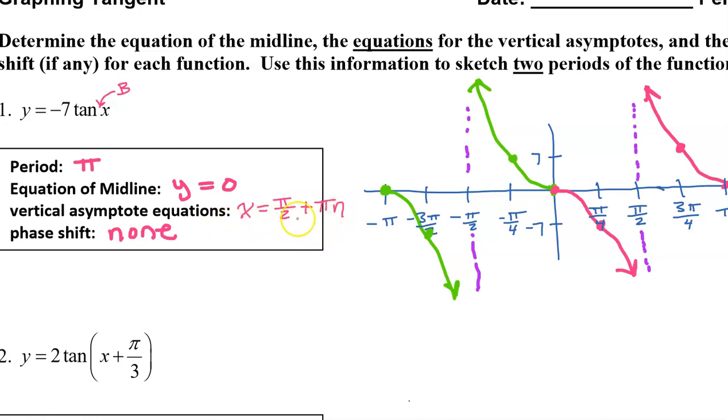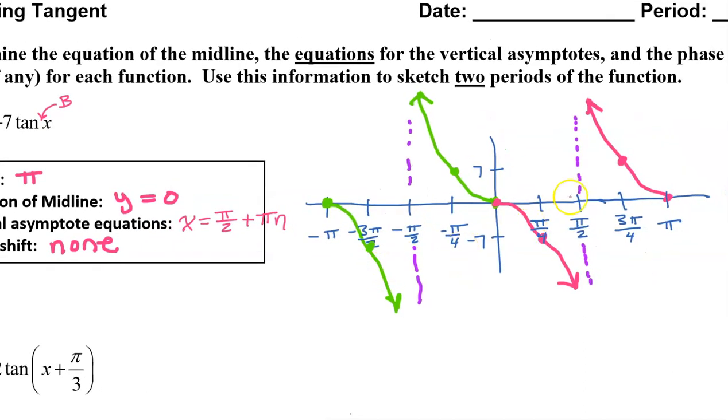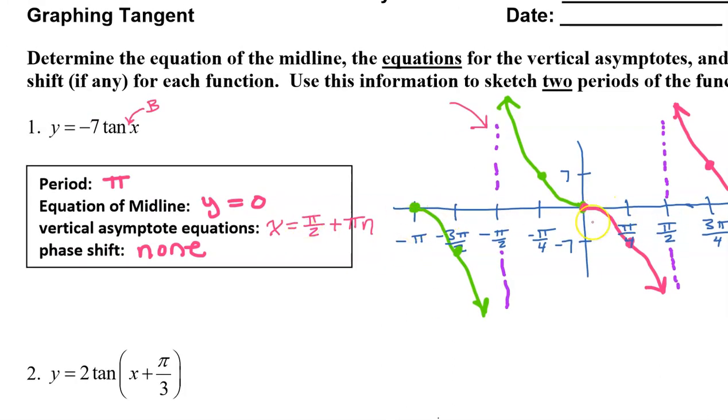So this equation captures all of the vertical asymptotes. I'm starting with one known asymptote, and now I'm adding a multiple of the period, pi n. And n can be a negative number as well. So if n is -1, for example, that's where this asymptote right here would come from. So having this n here will give me all of the vertical asymptotes for the periodic function.